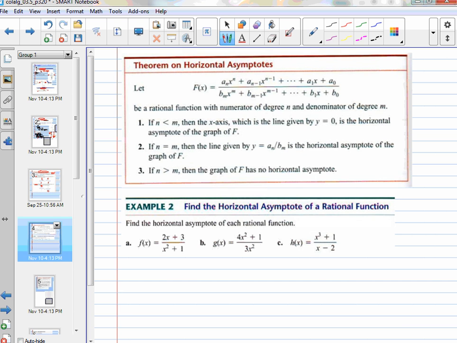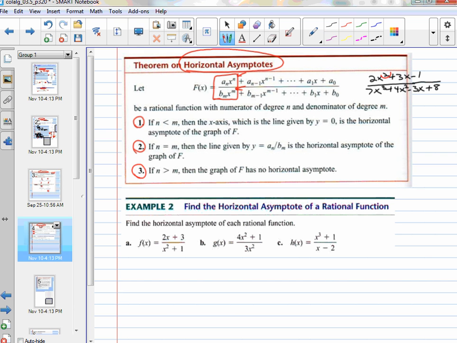So how do I find horizontal asymptotes? There are 3 rules we are going to learn. And the rules all come from comparing the degree of the numerator polynomial, degree n, and the denominator polynomial, degree m. So in other words, I might have 2x squared plus 3x minus 1 over 7x cubed plus 4x squared minus 3x plus 8.